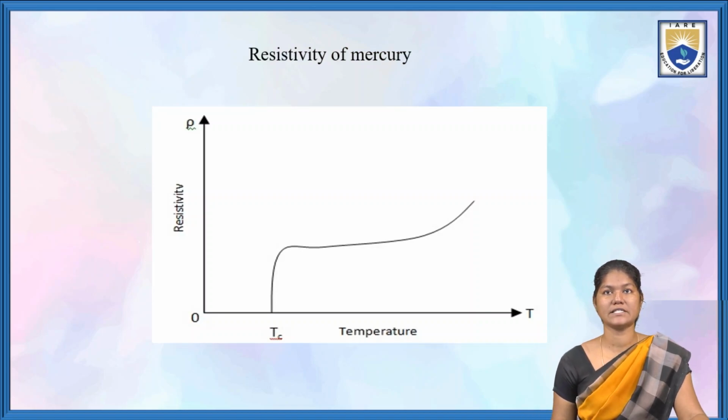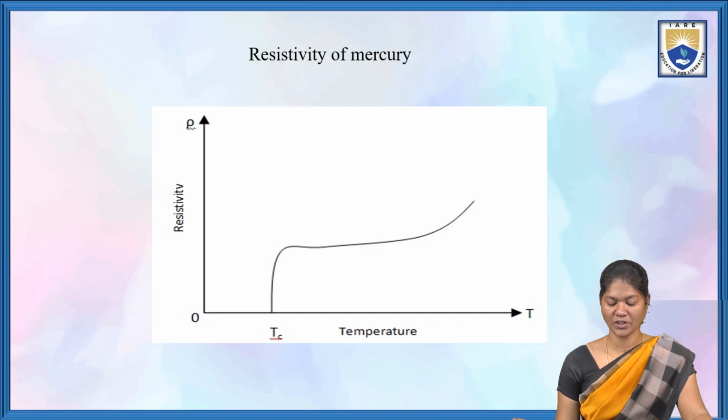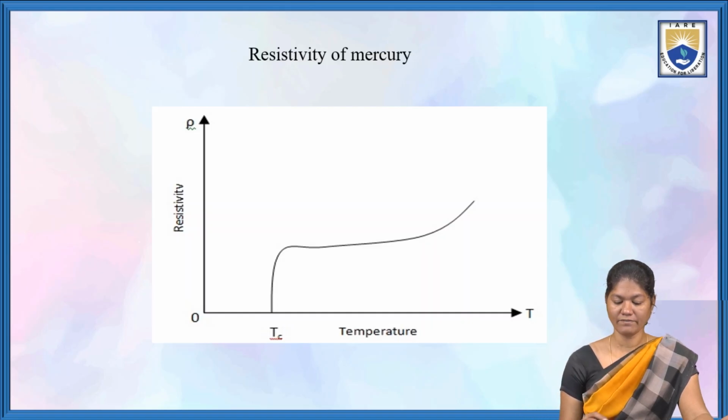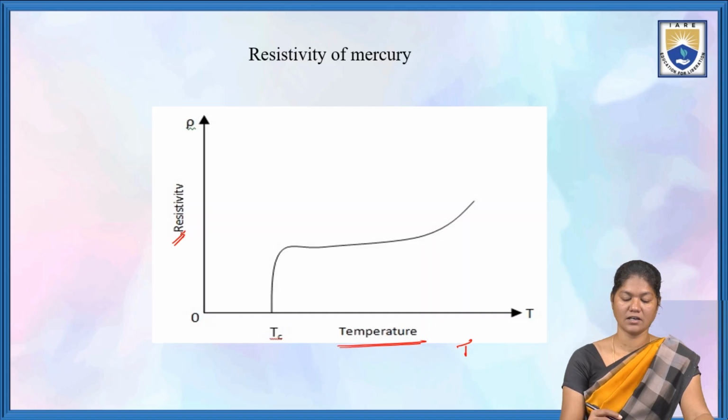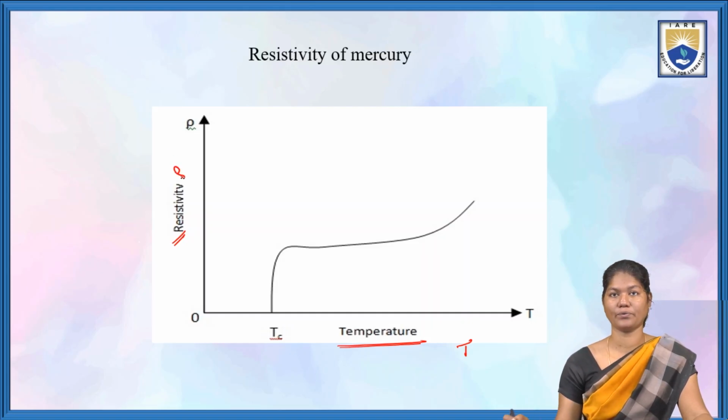This is the resistivity of mercury. This diagram shows the resistivity versus temperature of mercury, with temperature T along the x-axis and resistivity rho on the y-axis.